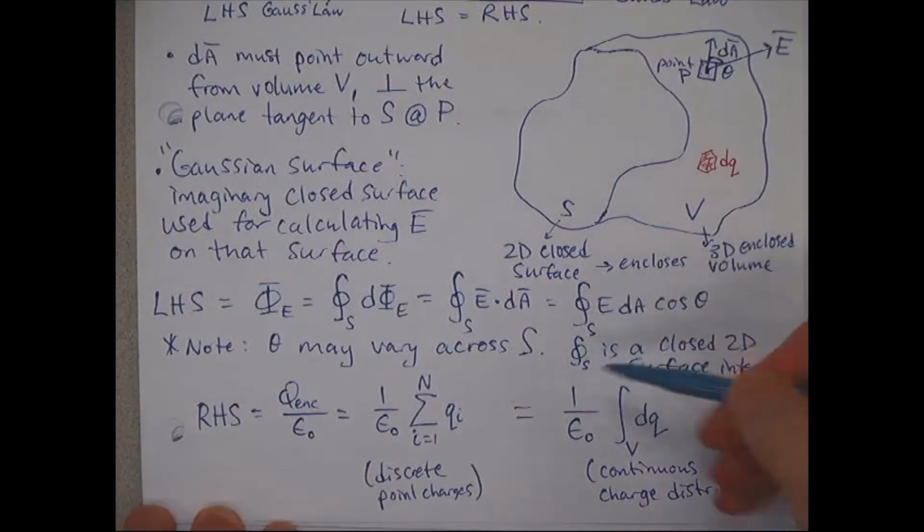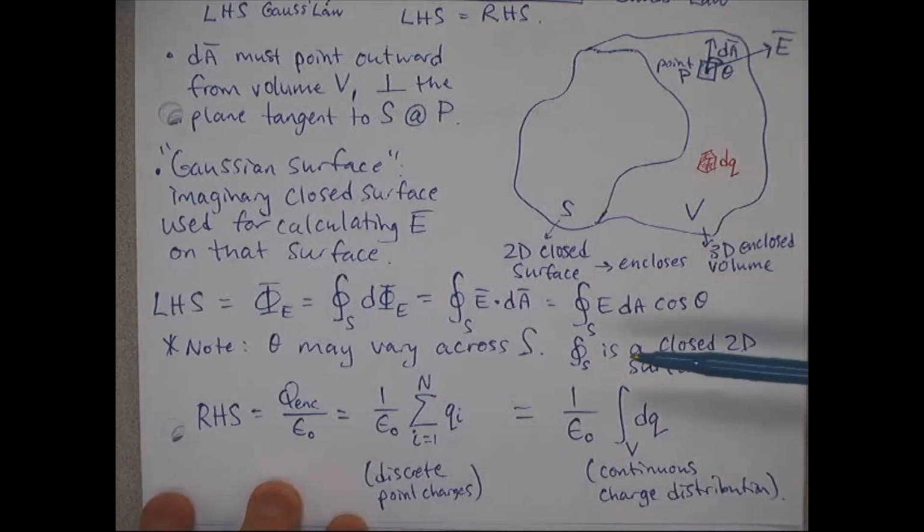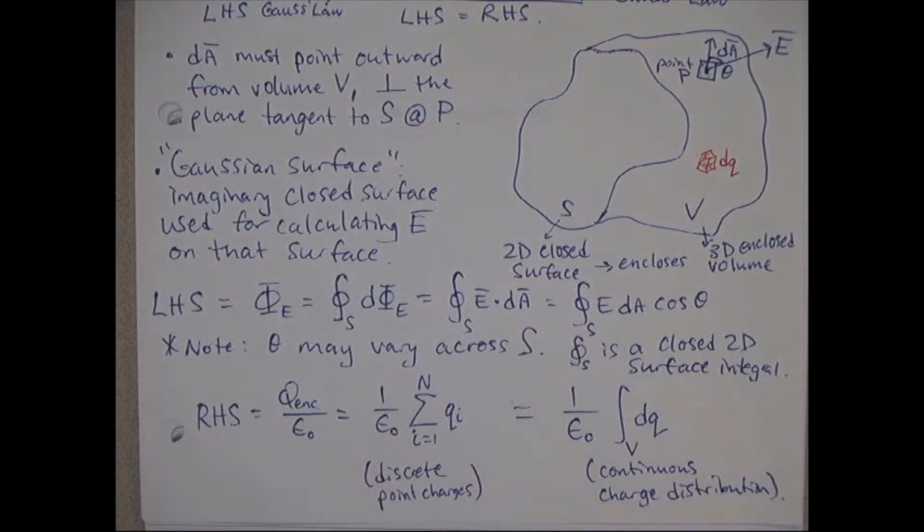When you see this circle on the integral symbol, now we're referring to a closed two-dimensional surface integral, whereas in the definition of flux video, we did not demand that the surface be closed. Closed two-dimensional surfaces enclose a three-dimensional volume.